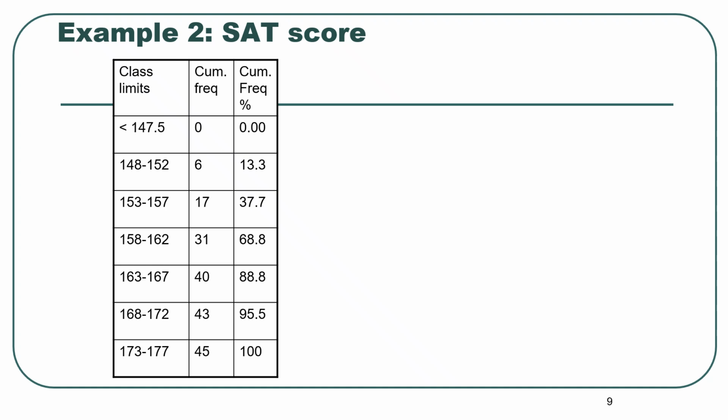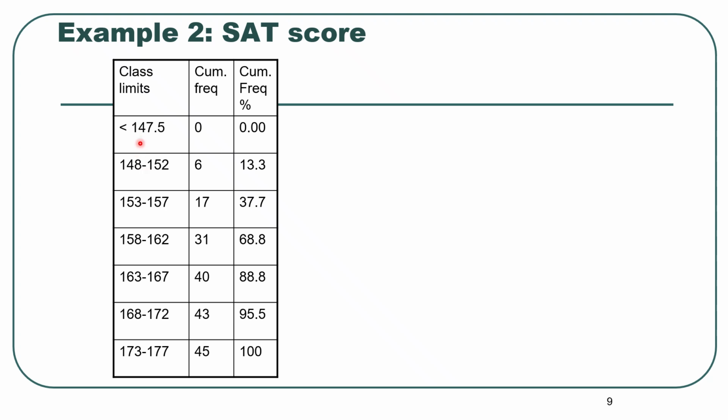So here is an example of how to find the quartiles, or any percentile if we would like, from an ogive. This is a frequency table representing the cumulative frequency and the relative cumulative frequency, or the cumulative frequency percent.